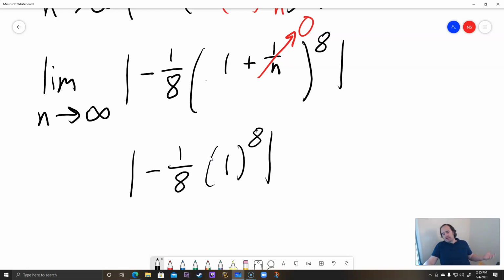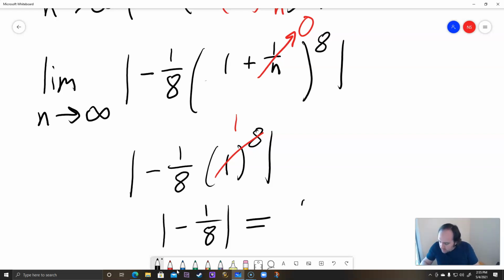We already plugged in n is infinity, and that gave us 0 for the 1 over n, and 1 to any power is just 1. And so really we just have the absolute value of negative 1 over 8. And remember, absolute value is always positive. It takes a negative number and makes it positive. So this one is going to become positive 1/8.